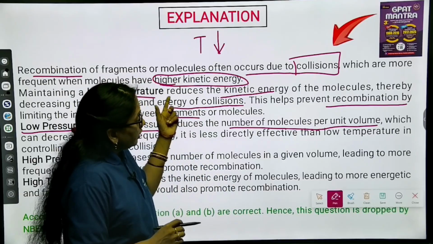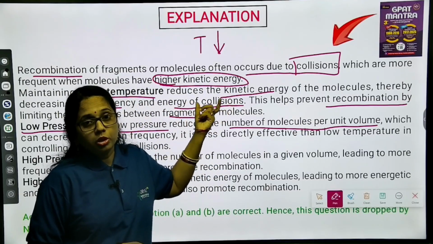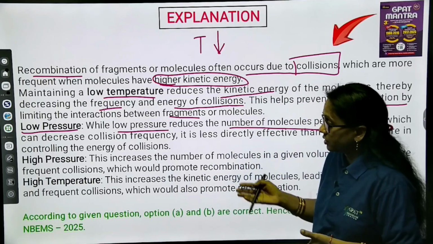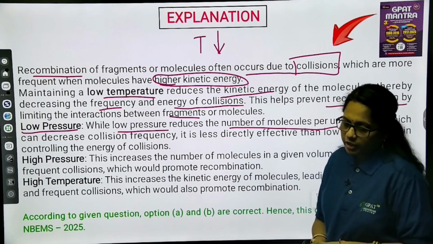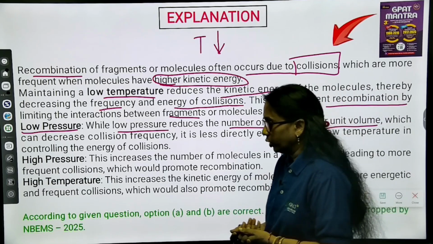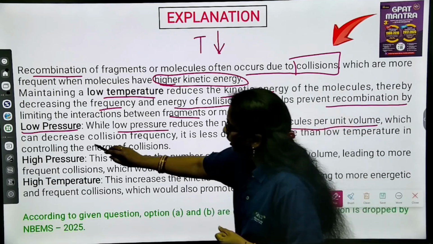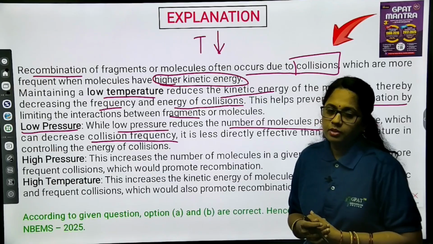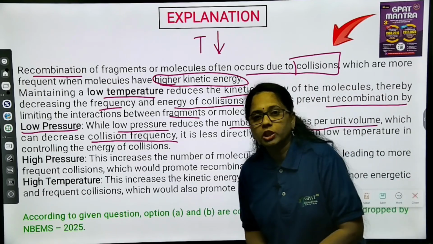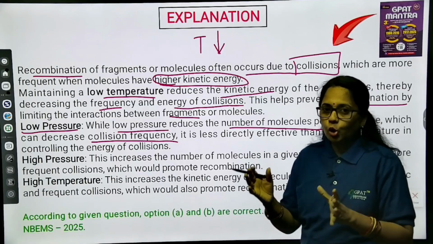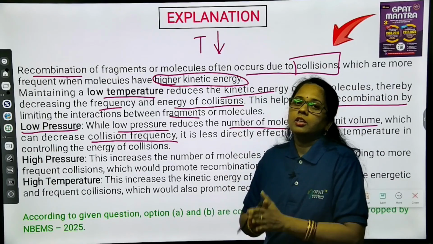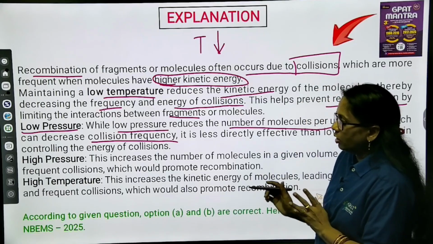Low temperature reduces the kinetic energy, whereas low pressure reduces the number of molecules per unit volume and can also decrease the collision frequency. Not directly but indirectly, it also has an effect on the collisions, so that the recombination of the fragments can be decreased. That is also one option.